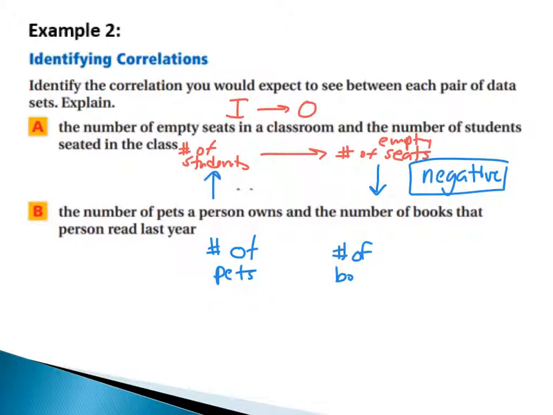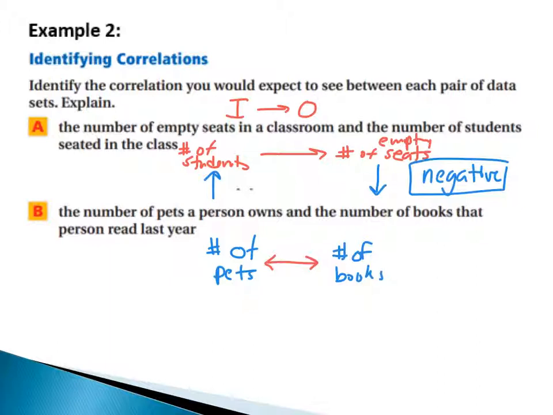So let me ask you this, what depends on what? Does the number of books depend on the number of pets I have? Or does the number of pets I have depend on the number of books I read? Interesting. You should notice something here. If you try and figure out which way it goes, which one affects the other, it doesn't make any sense, right? It's kind of nonsense. So what does that mean? You have positive, negative, or no correlation.